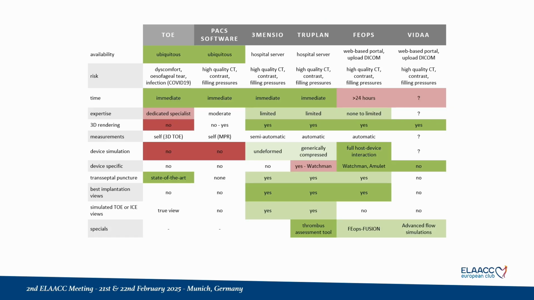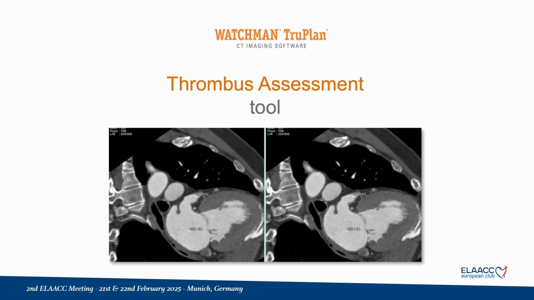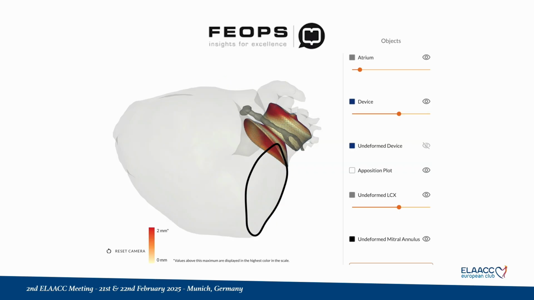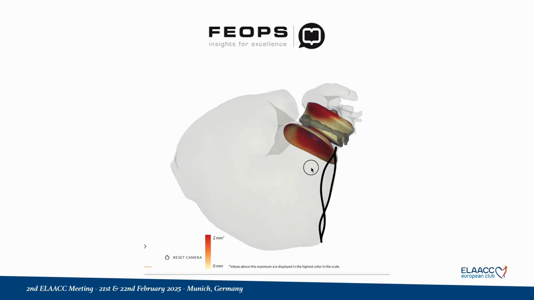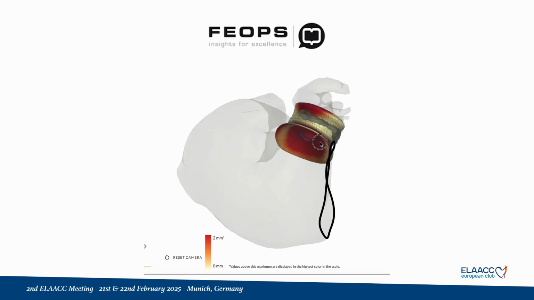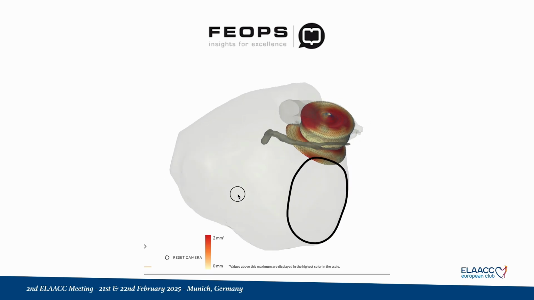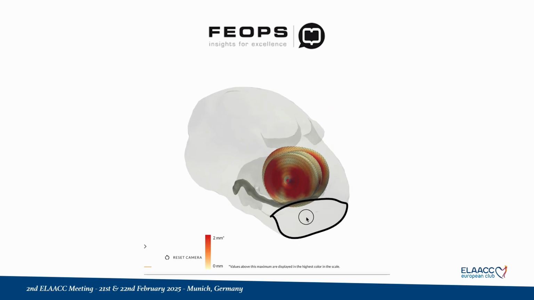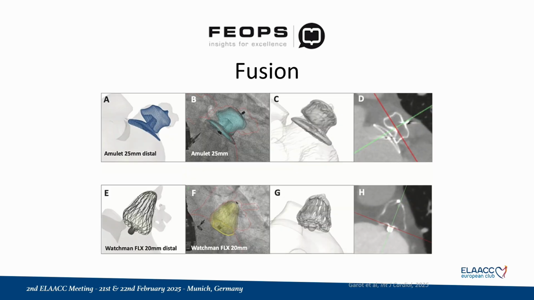There are some specials of interest. The thrombus assessment tool of TruePlan, it's kind of semi-automatic where they will measure the Hounsfield units. FEOPS will give you the circumflex and the mitral annulus, and you can see if there is any interaction in doubt. Here you can see it protrudes a little bit over the annulus, but I think it's fairly acceptable.